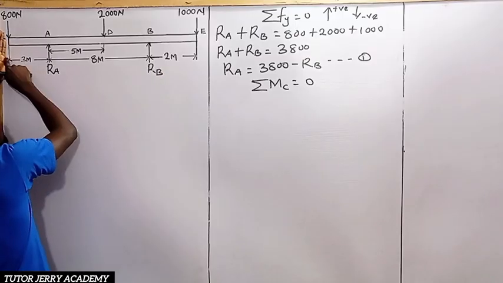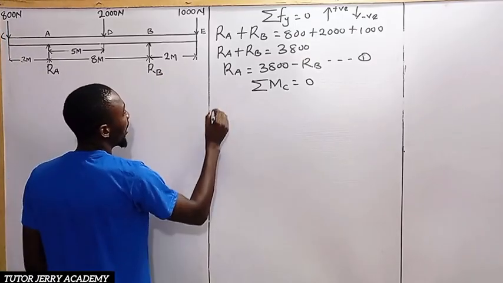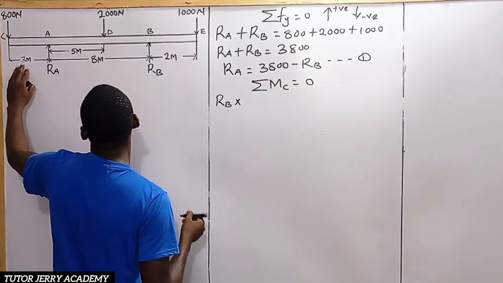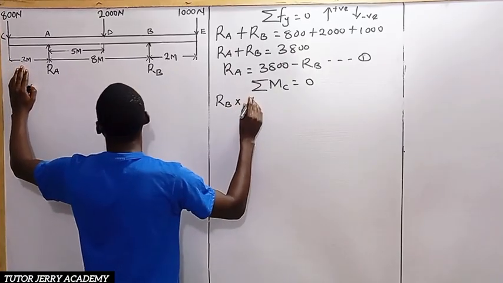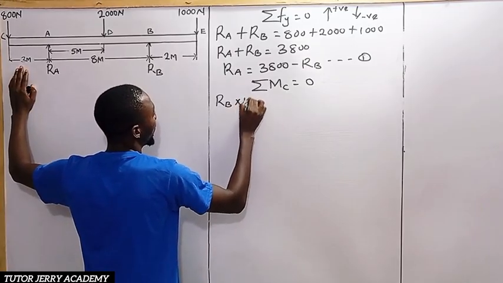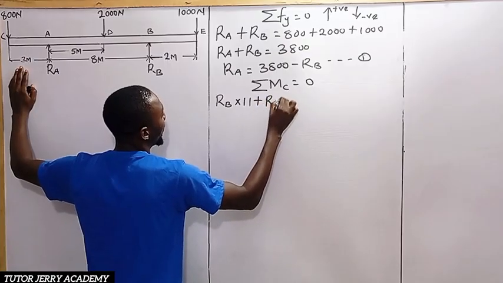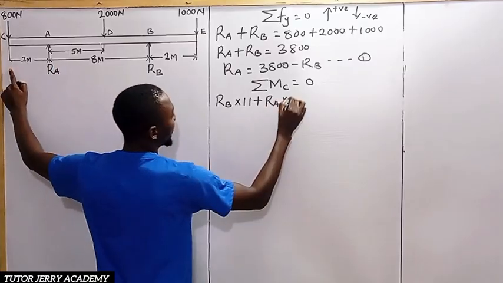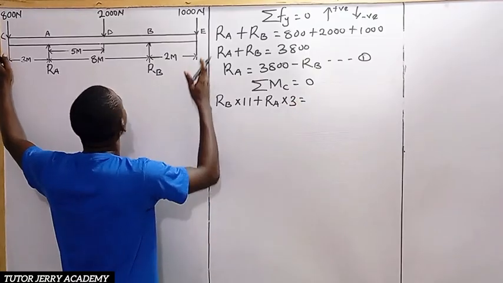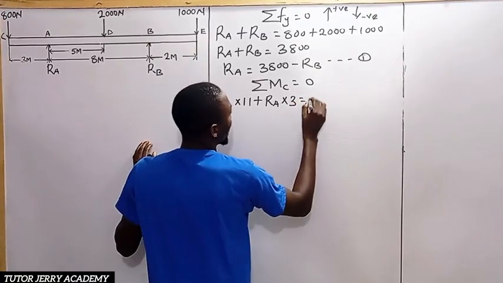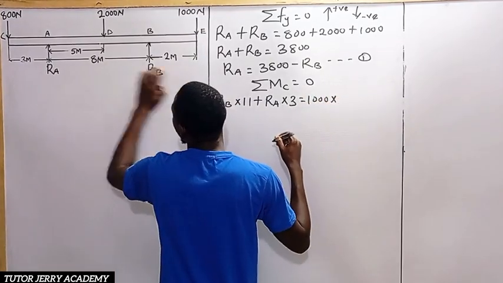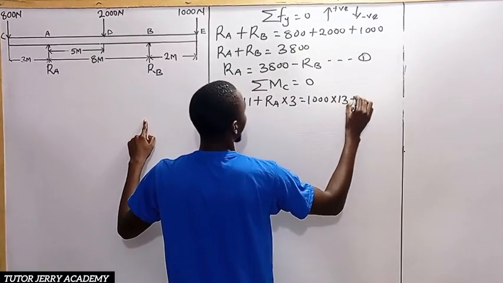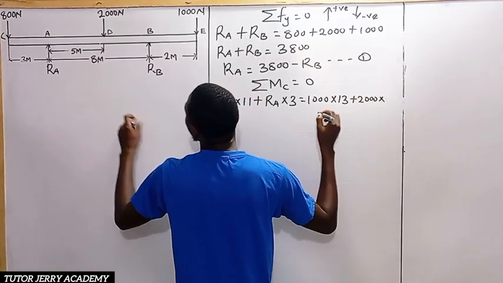That is RB multiplied by the total distance here, which is 8 plus 3, which is 11, plus RA multiplied by its distance, that is 3, which is going to be equals to 1000 multiplied by the total distance, 13, plus 2000 multiplied by the total distance.